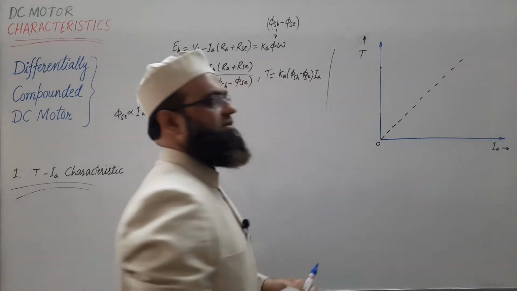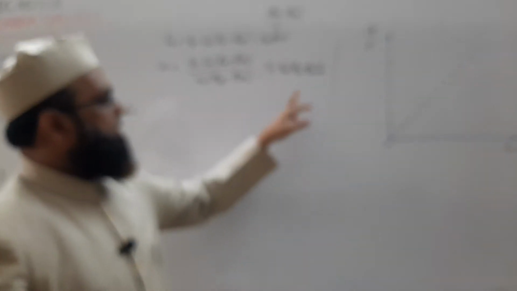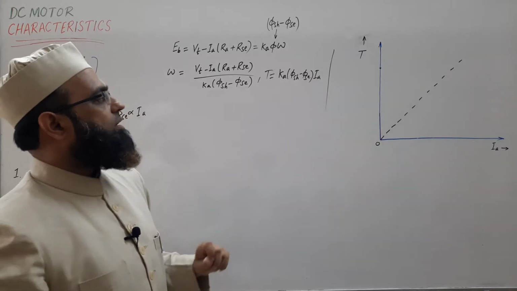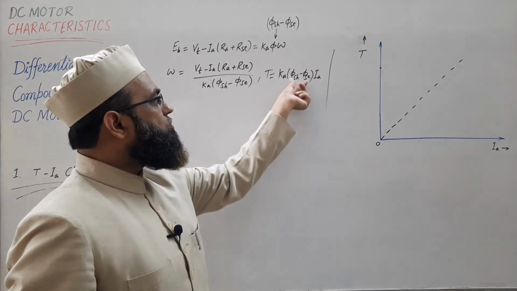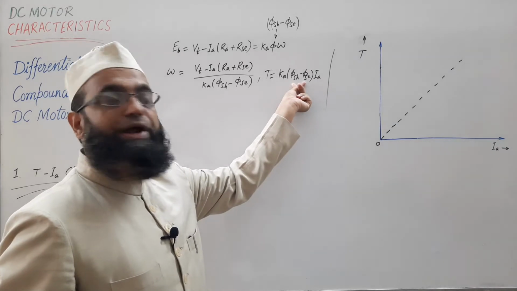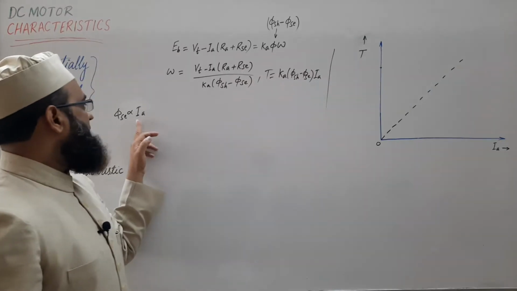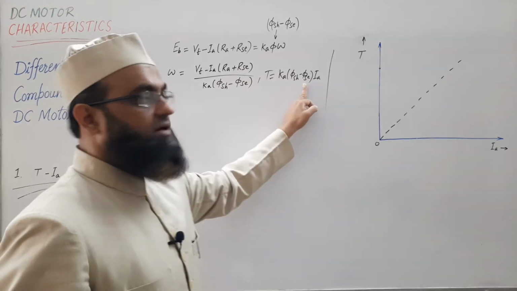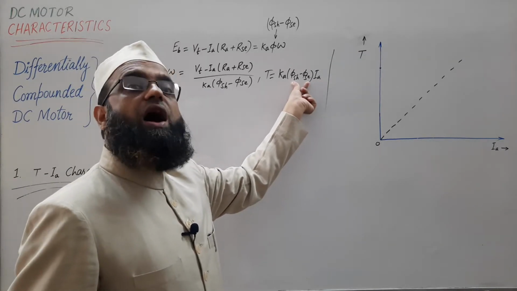And later on it gets saturated. But in case of differentially compounded DC motor, this quantity is no longer constant with the variation of IA. As we know, just discussed, by varying IA, phi SE will vary, and by varying phi SE, this quantity will start decreasing.